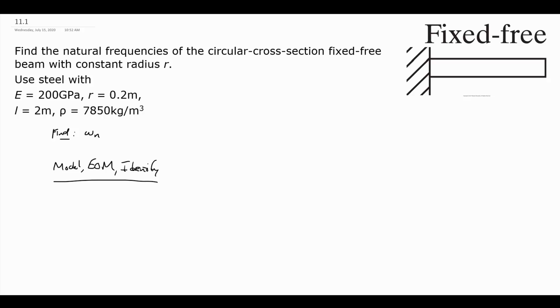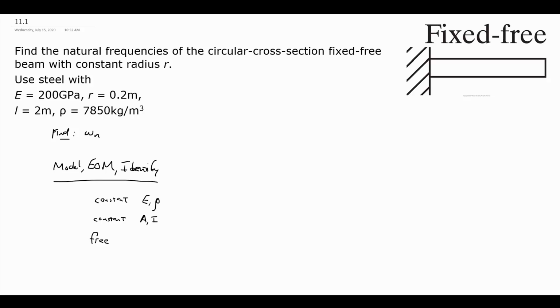If we look at the beam, it is made of steel, so we have a constant material, which means that E and rho are constant. And also constant is going to be our cross-sectional area, so A and I are constant as well. And we have free vibration.